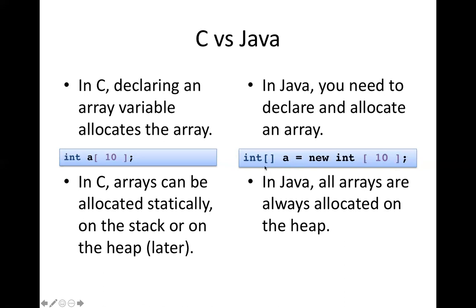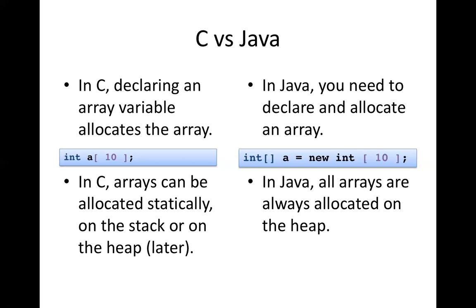When you declare an array variable, that doesn't automatically allocate it. You still have to make a call to the new operator to create that. And in Java, all arrays are allocated in the same region of memory. You don't get to choose where arrays are allocated.